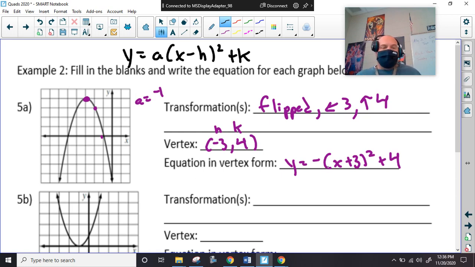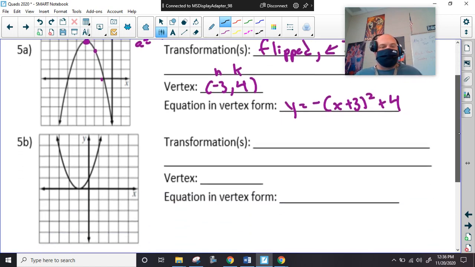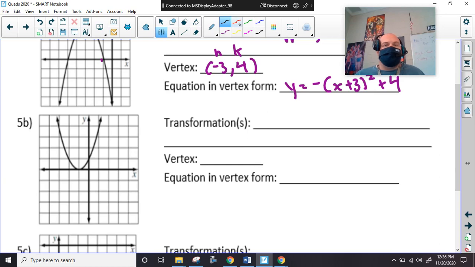All right. Now, 5B. Well, let's look for our vertex. Our vertex is right here at -1, 0. So that's my H value. That's my K. And to find my A, I go over 1, up 1. So my A is 1. So it just looks like we just have a transformation of left 1. Okay.